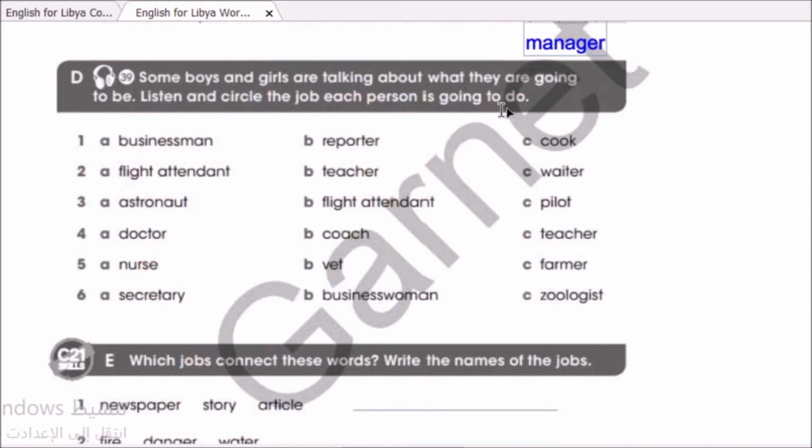Number 3. My best school subject is mathematics, but I also like geography. I really want to visit other countries. In the evenings, I often go to the airport and watch the planes. As I watch them, I think one day I'm going to fly one of those. Number 4.